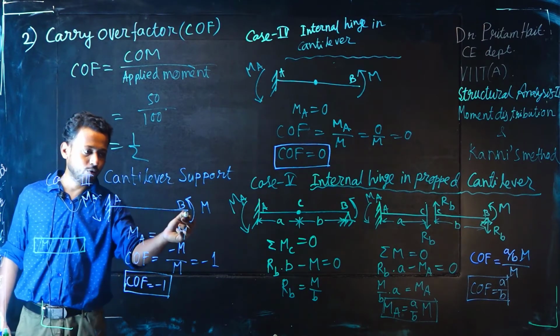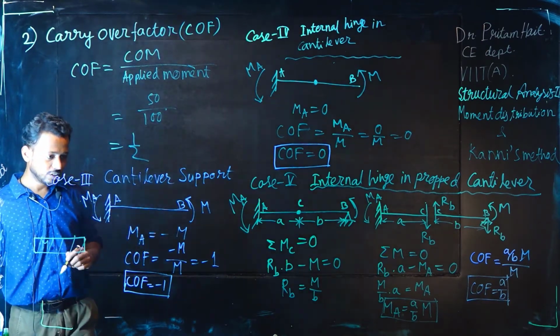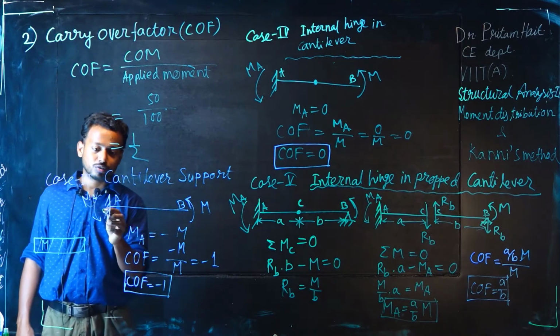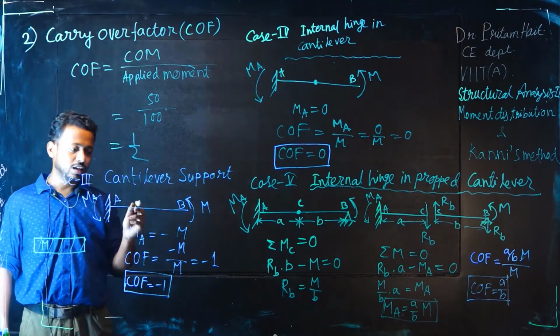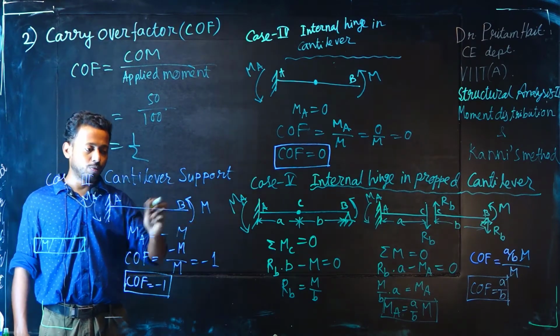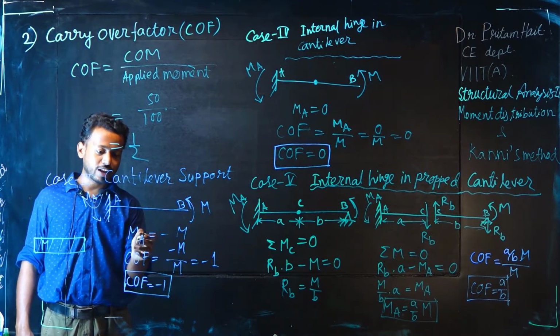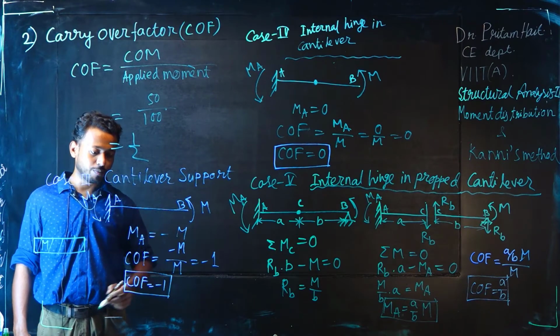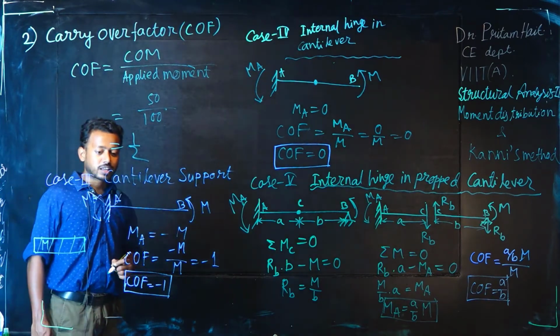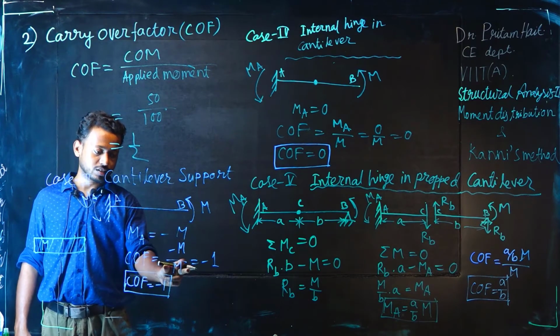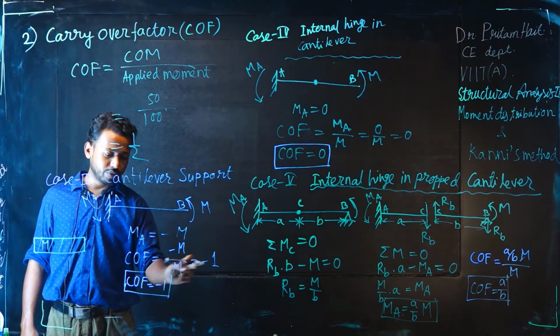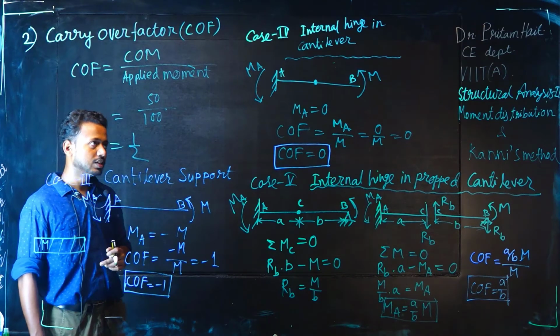So the carryover will be M, the applied moment, but the direction will be opposite. So carryover MA equals minus M. So what will be the carryover factor? Carryover moment divided by applied moment. So the carryover factor will be -1, right?